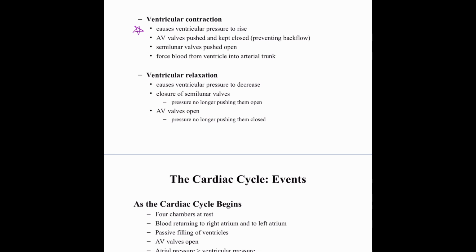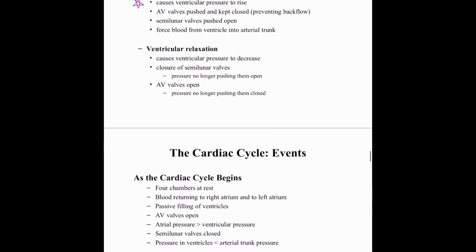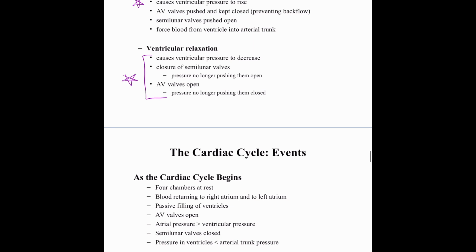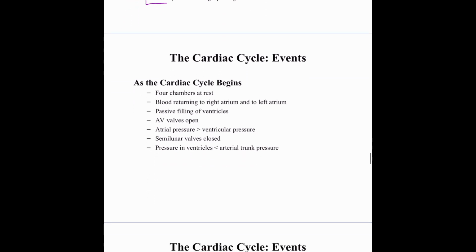Again, know the pressure in the heart. Ventricular contraction. Right, so if you're increasing contraction, you're squeezing something, you're increasing the pressure. Know how the AV valves are pushed open or kept closed, depending. Again, this is information that you'll have to study on your own.